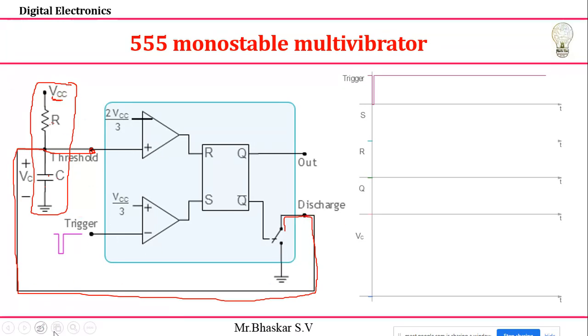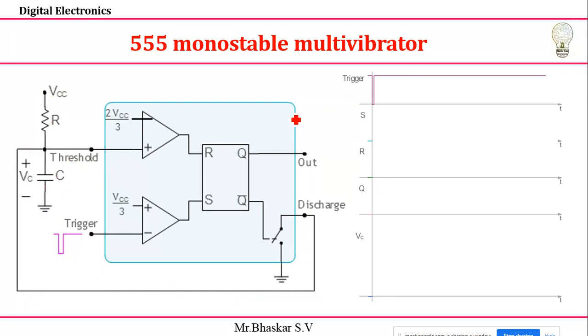Let's analyze this circuit first. I already told that if a trigger pulse arises, then only the output changes. Initially, I'm going to consider the switch is closed. If the switch is closed, what is the potential you have? If it is ground, what is the voltage? Just think, if it is connected to the ground, what is the potential you have?